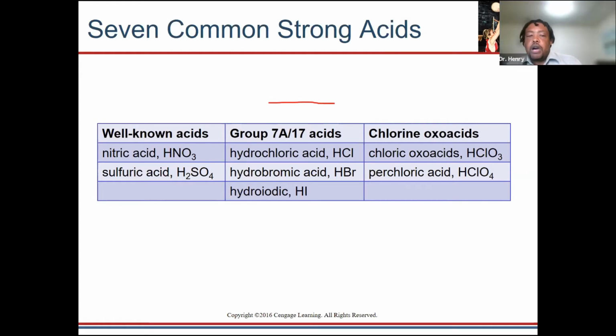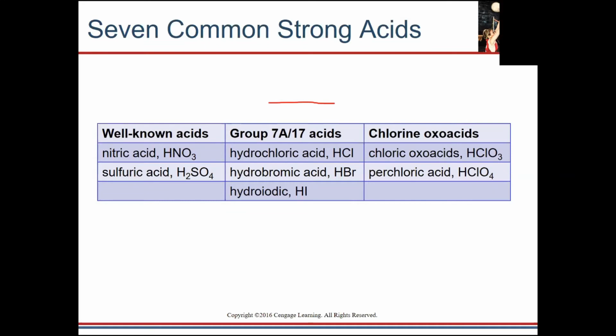Okay, so all carbon acids are weak acids, and typically things that have ic are going to be strong acids, unless they're a carbon acid. Okay, and we also know that hydrofluoric acid is going to be a weak acid. Okay, are you guys good with that? Yes.